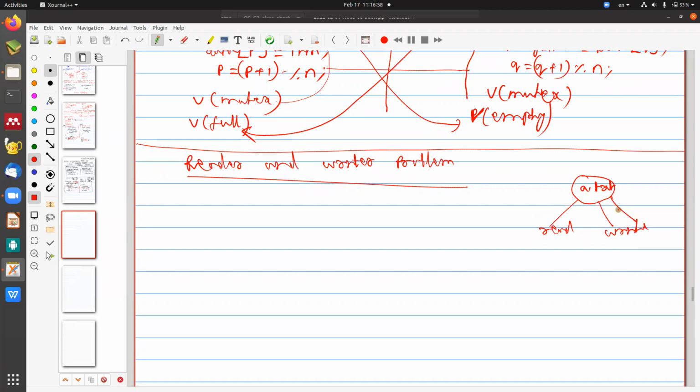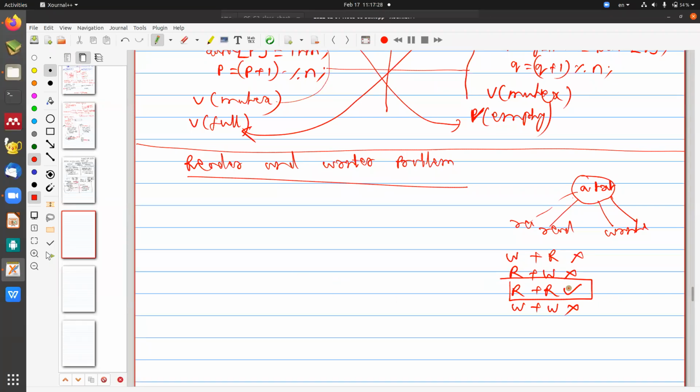There may be many write processes and many read processes. So how are you able to manage this a.txt, and what is the rule? The rule is basically: write with read is not possible, read with write is not possible, read with read is possible, and write with write is also not possible. So only one case is possible, other cases are not possible. So how can we manage it?